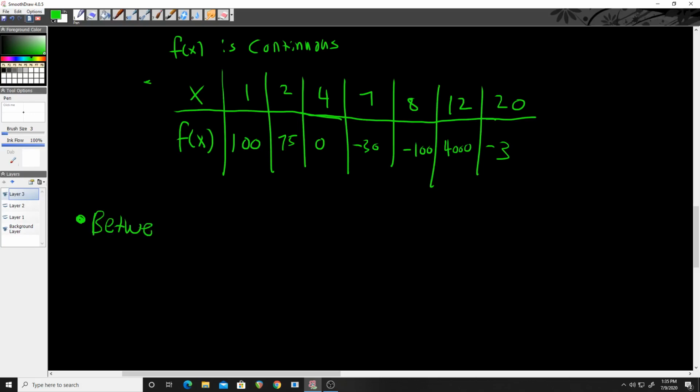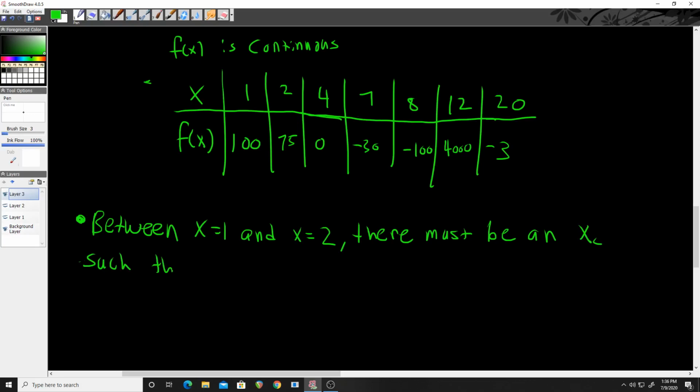Between x equal 1 and x equal 2, there must be an x such that if I plug that x in, I'm going to get any number between 100 and 75, because in order to get to 75 from 100, you have to go through, for example, 90.